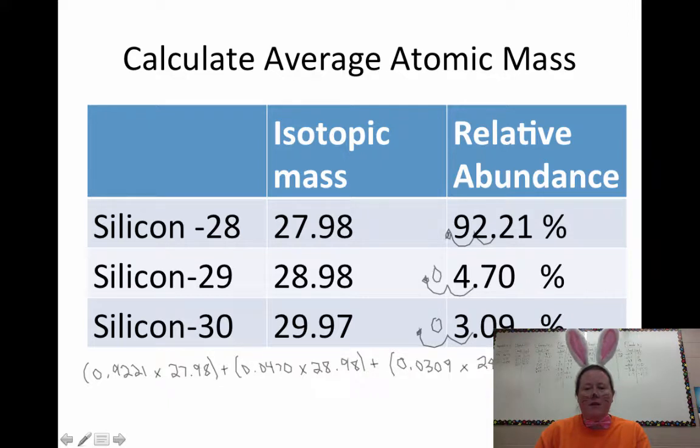Times 29.97 equals, and if we plug in the numbers, we will, I think, get, I'm just going to look it up on the periodic table. I remember it. What element is this? Silicon. It will round to 28.09. I think students got 28.088. So 28.09. So there's another example.